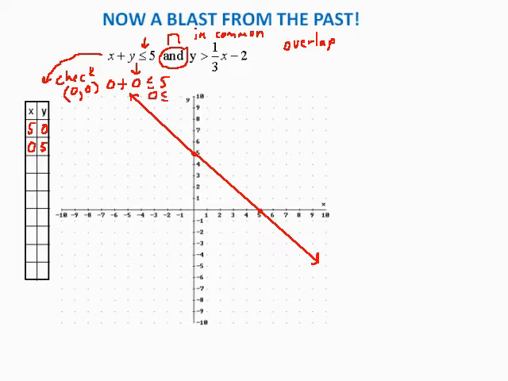In this case, it's true, isn't it? So 0, 0 works. So if that was the only thing we had to graph, we would shade toward 0, 0. And of course, we could have picked any other ordered pair below that line, and it will also make perfect sense. And of course, any point above that line will not. All right, so that was a standard form problem.